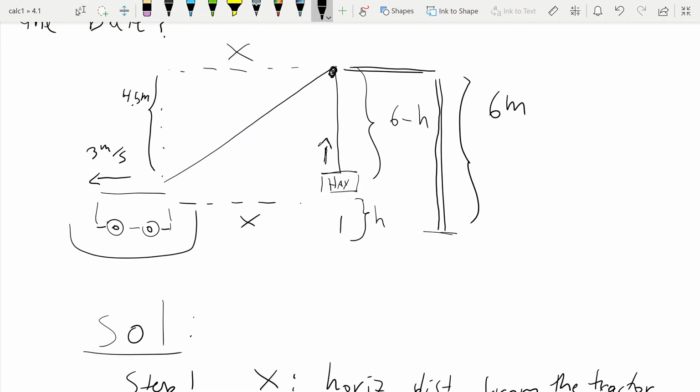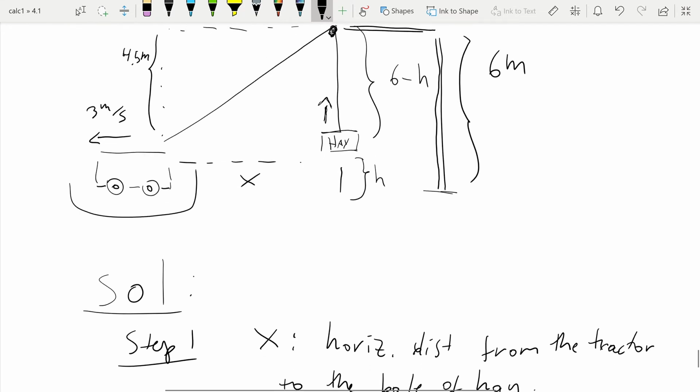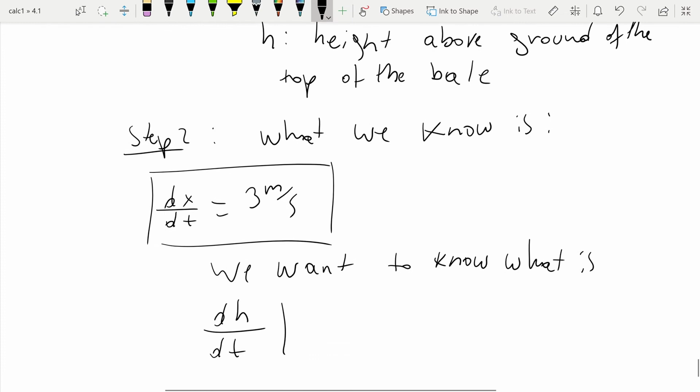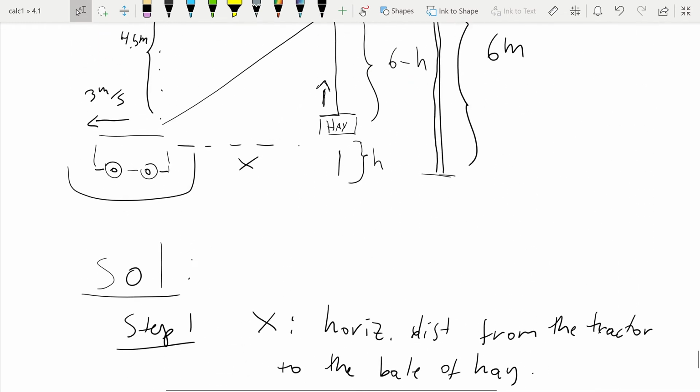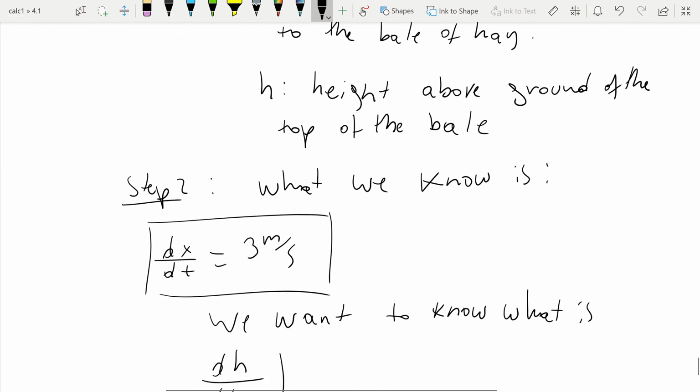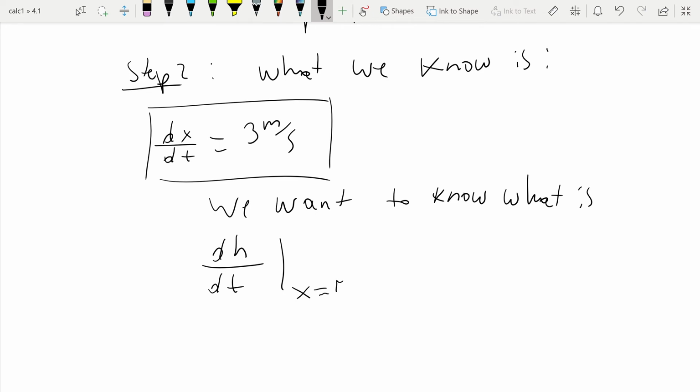This quantity is getting bigger as the bale of hay is being pulled by the tractor, and it gets larger at a certain speed, depending on how far from the ground it is and on the velocity of the tractor which is pulling. So what we want to find out is dh/dt when the tractor is 5 meters from the bale, so when x is equal to 5.